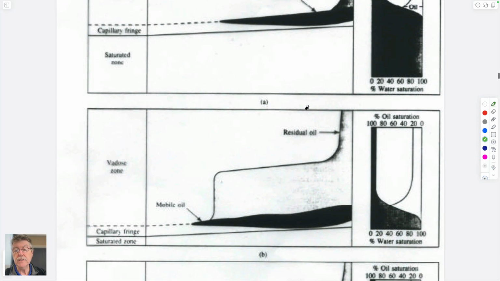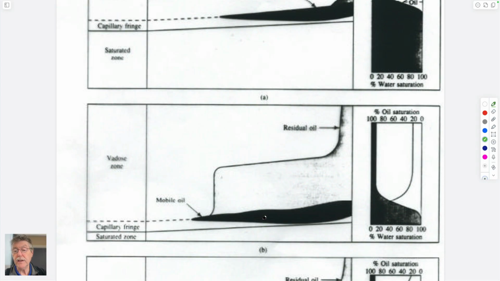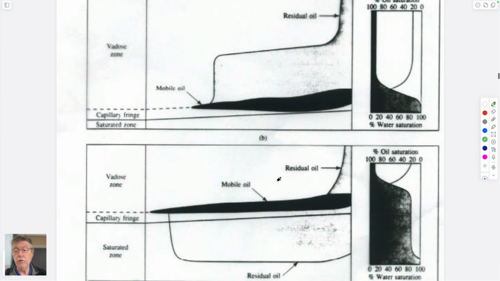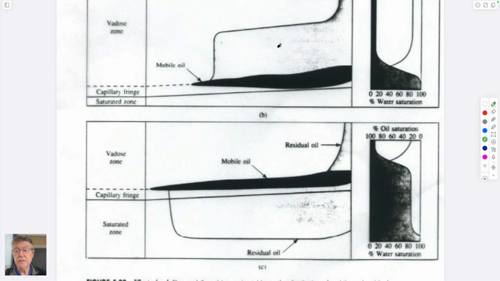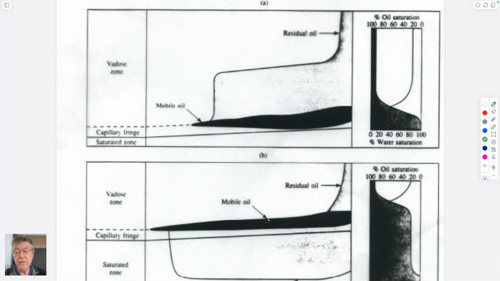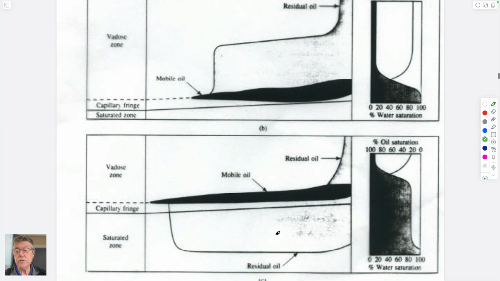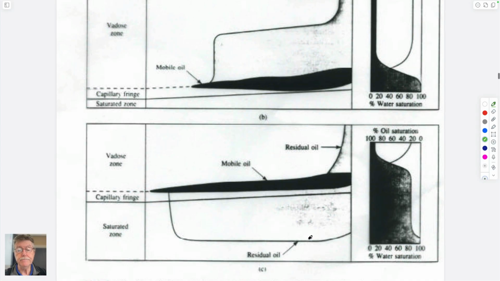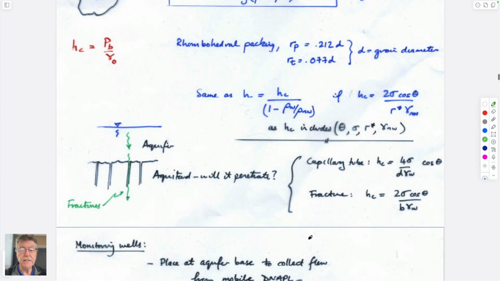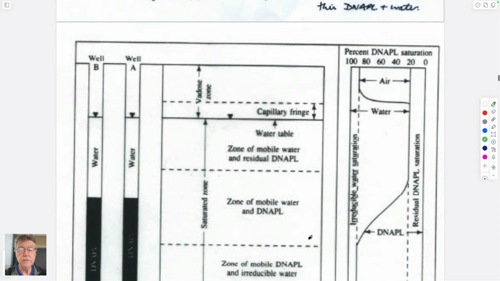Then seasonally, the water table falls and then rises, and as a result of that fall and rise, it takes the smear that occurs when it drops and takes that free product back above it again. So you end up with something at irreducible saturation of the non-wetting fluid actually existing below the water table, which it shouldn't have got to because it's lighter than water, but it's been carried down by the action of the water table. So that's for lighter than water fluids.